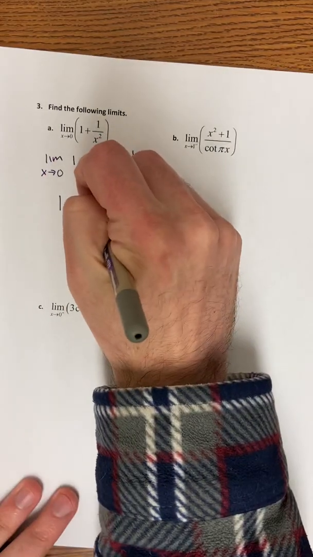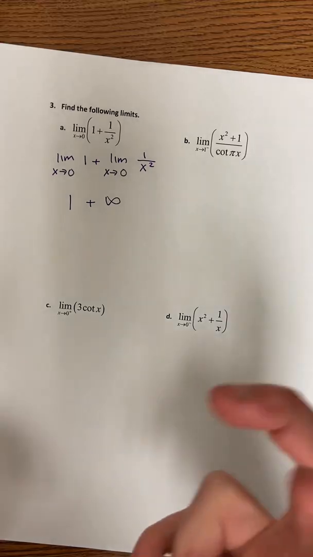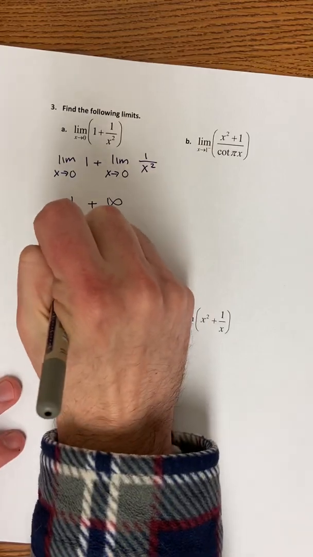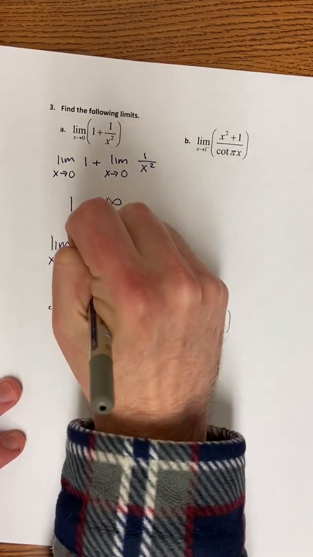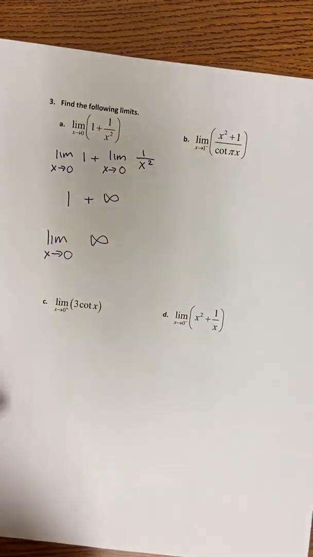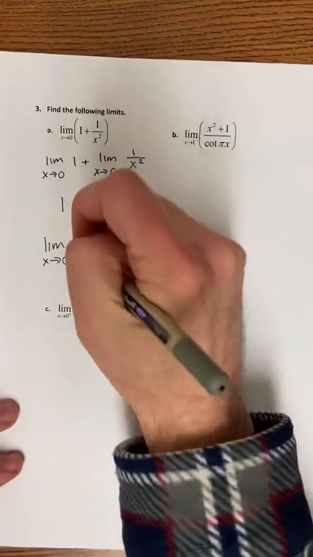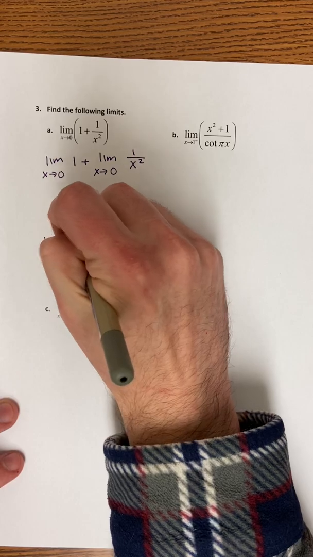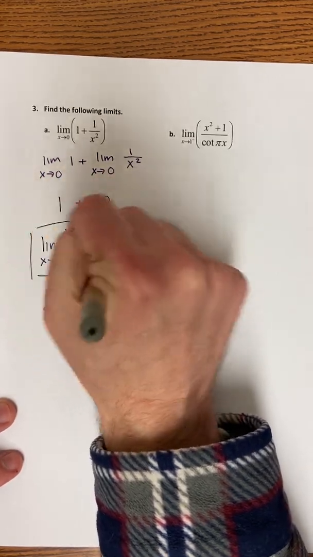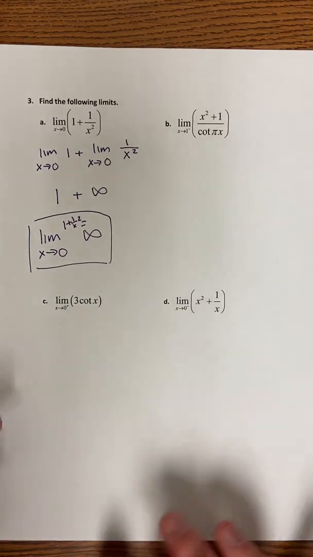So this idea here that we kind of have, quote unquote, 1 plus infinity, but really infinity is a concept, so that means the limit of the whole thing is going to approach infinity. That's kind of a shorthand notation. I should write that: the limit of 1 plus 1 over x squared equals infinity. I just got a little ahead of myself.